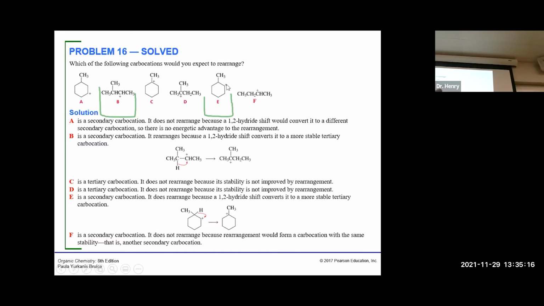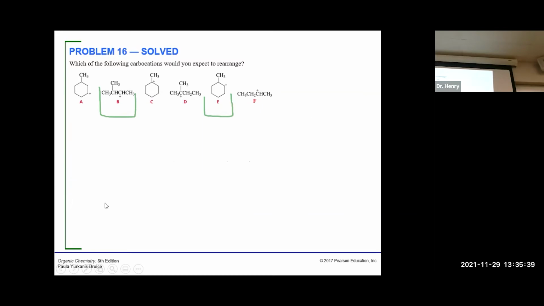So here we move a hydride, in this case, not a methyl group, we could move another hydrogen over. And then F, there's no need to. It's already stable.